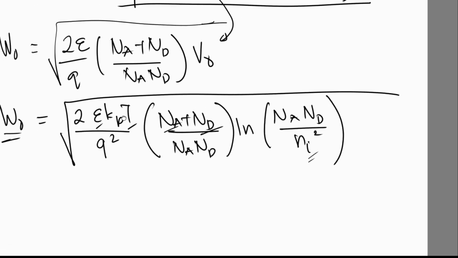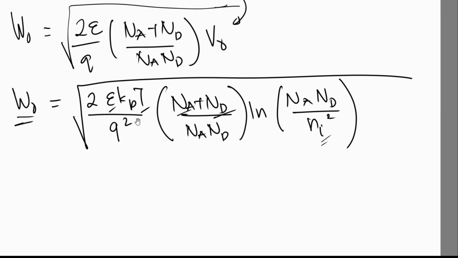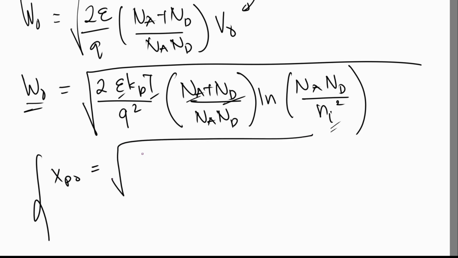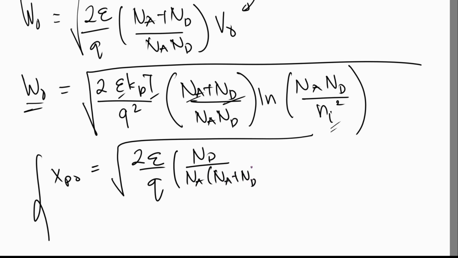Then the extent of our depletion width into the PN junction can also be determined. We know that W naught is equal to XP naught plus XN naught. So XP naught will be equal to the square root of 2 epsilon over Q, Nd over Na, times Na plus Nd, V naught.